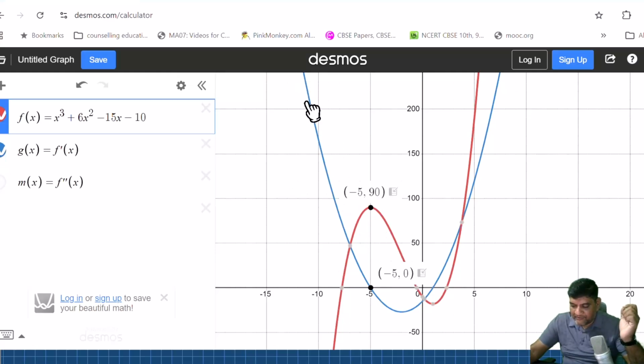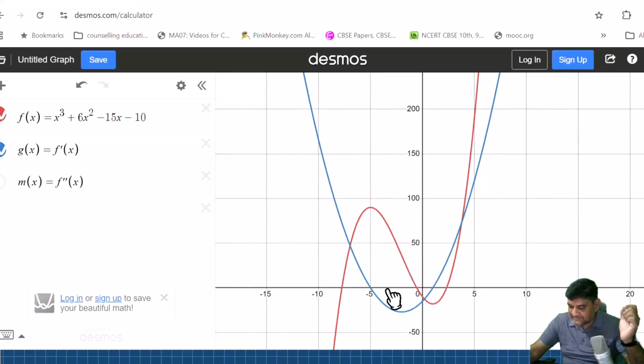And you can see that dy by dx is positive here, which means that the function is increasing. Dy by dx is negative, which means the function is decreasing from here to here, and then again at 0, this is the minimum point, and then dy by dx is positive, which means the function is increasing. Let's look at f double dash of x with respect to the actual function itself.